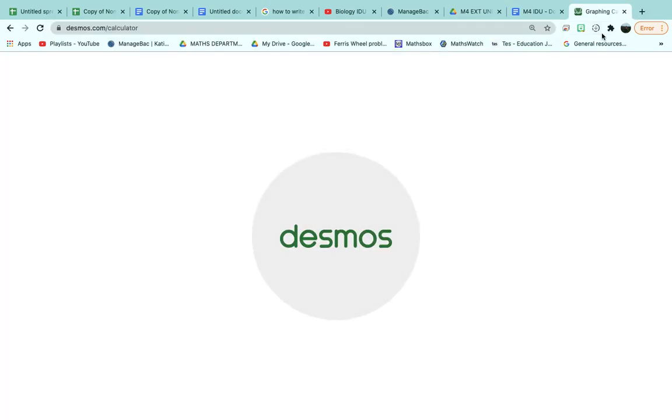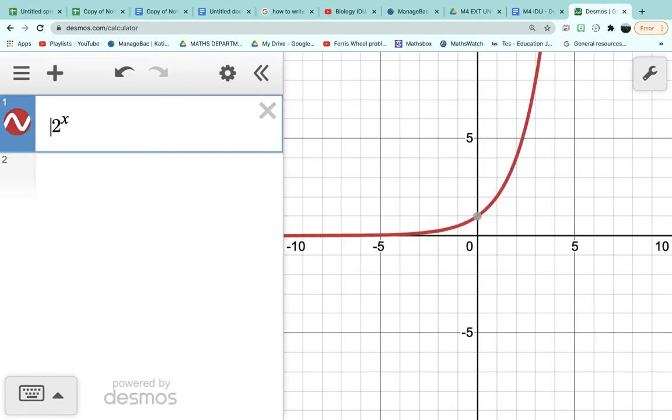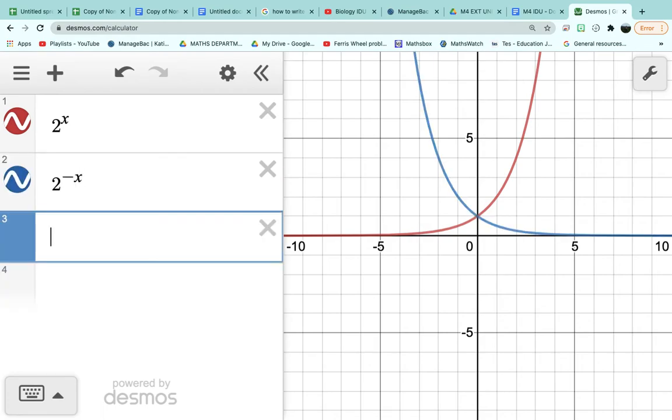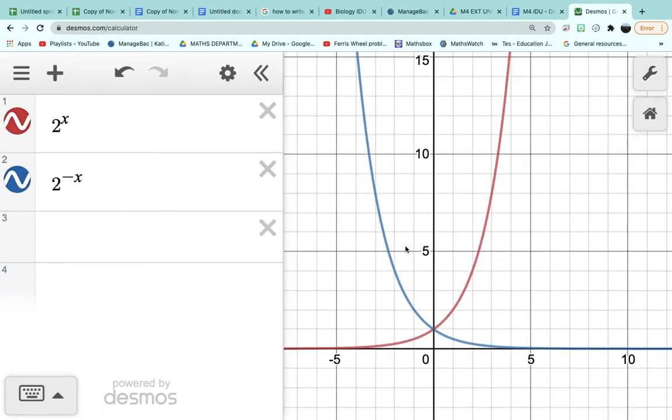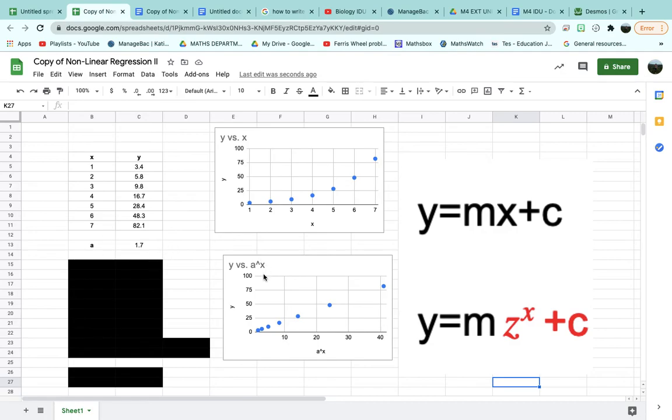So if we go on to Desmos and we take 2 to the power of x, that would give us an exponential graph. Similarly, we could have 2 to the power of minus x. Now that's going to be an exponential graph but representing a decay. So we want our graph to be somewhere of this format.